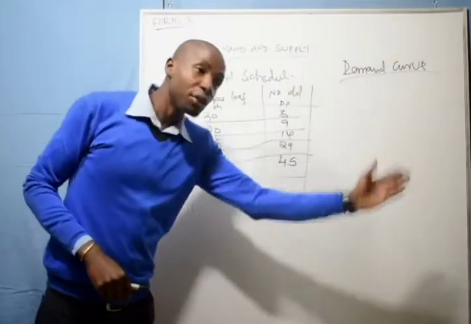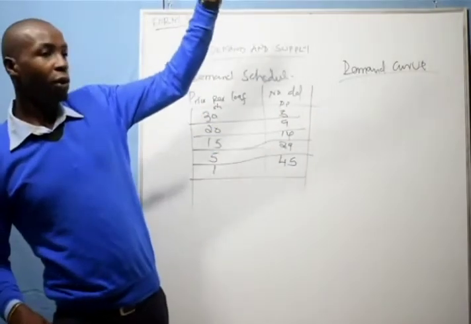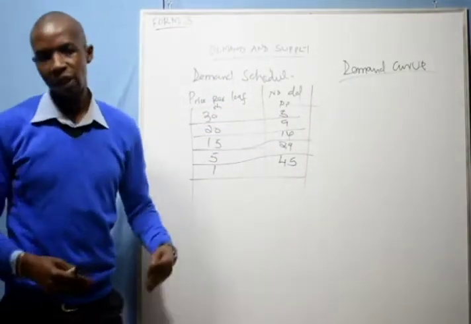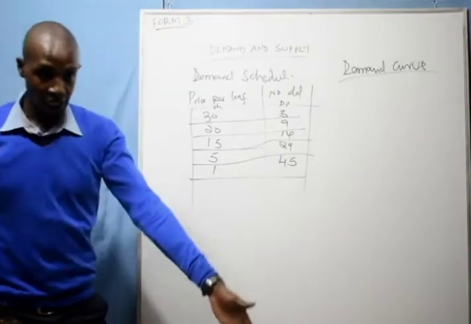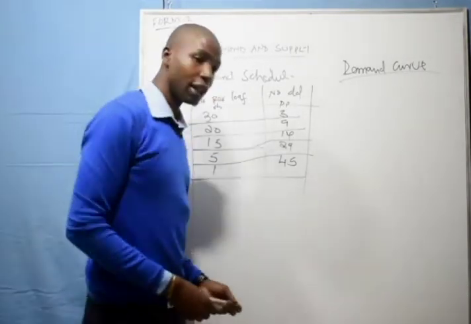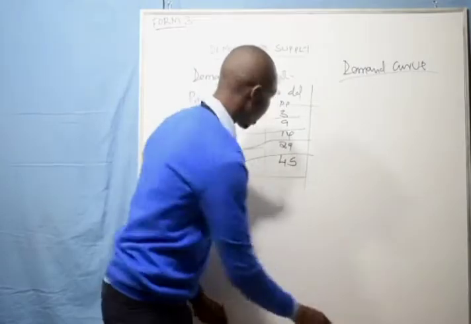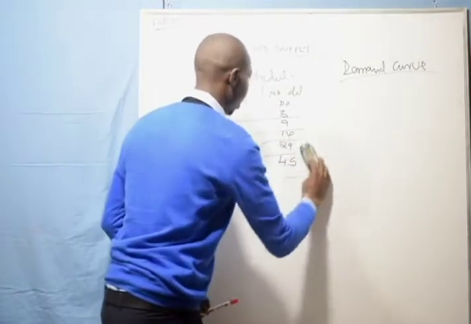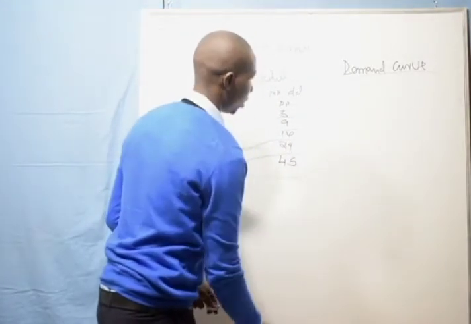This is a curve showing how many people would want particular number of breads at a given price. So let's draw a demand curve. A demand curve can be drawn like this.